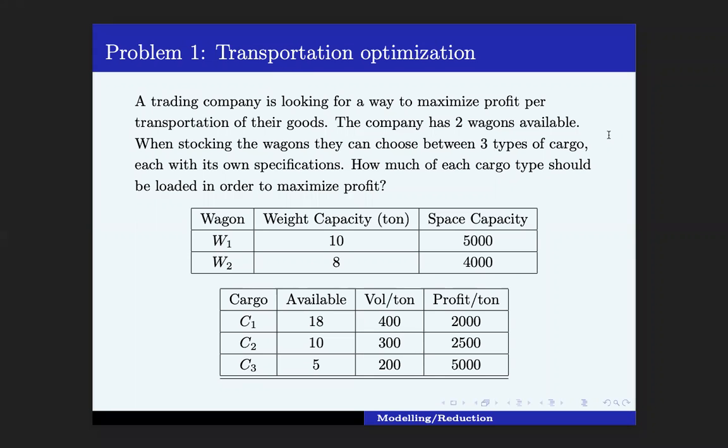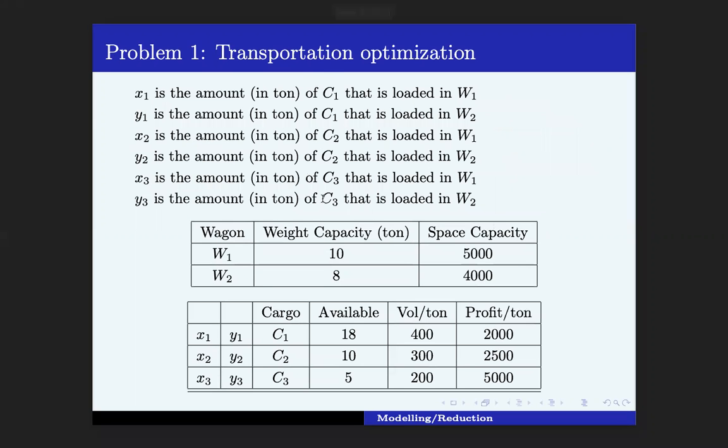So the main trick of writing an LP is to come up with the right variables. Here, for example, I can say that x1 is the amount of tons of the cargo C1 that is loaded in W1. y1 is the amount of tons of cargo C1 that is loaded in W2, and so on.